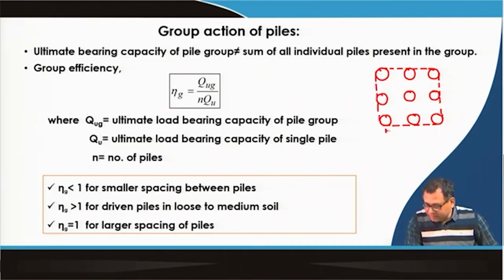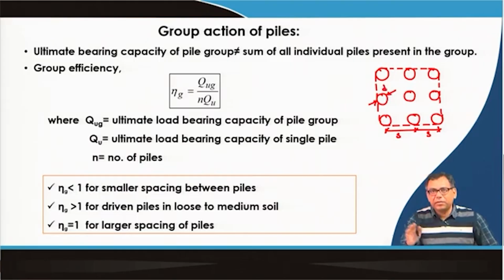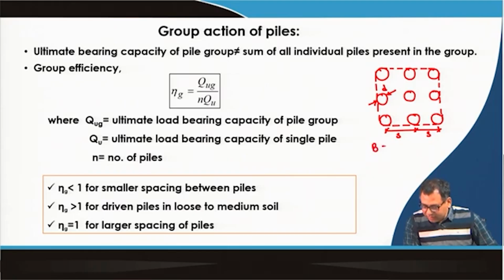So, that means, if S is the spacing between the piles and D is the diameter of the pile, and the diameter of all the piles is the same and the spacing is also the same in both directions, in that case B will be 2S plus half D on this side and half D on this side.